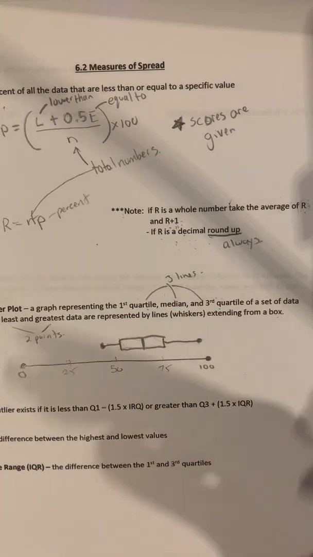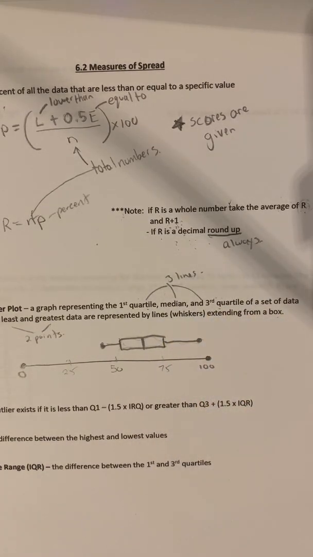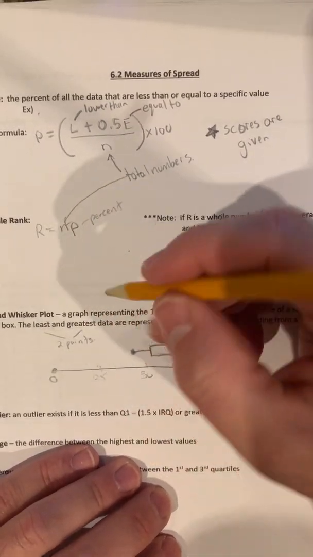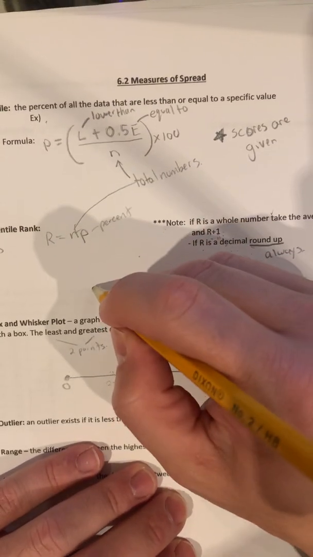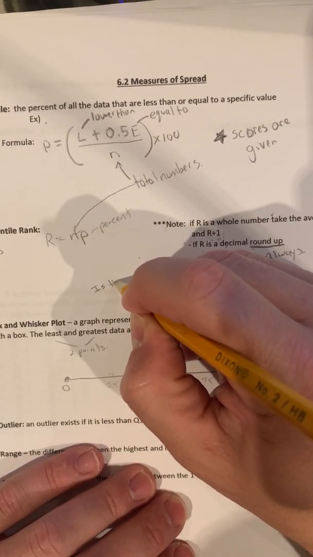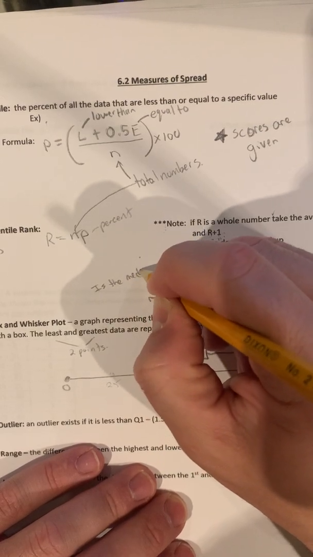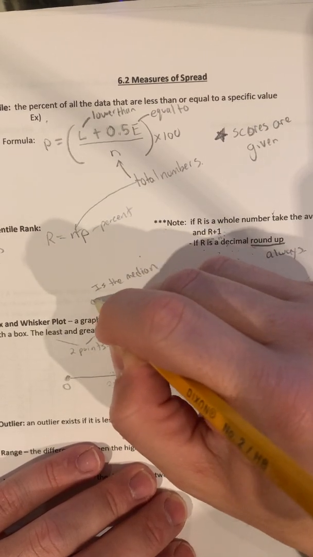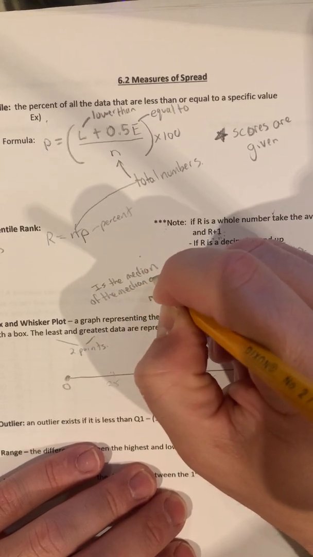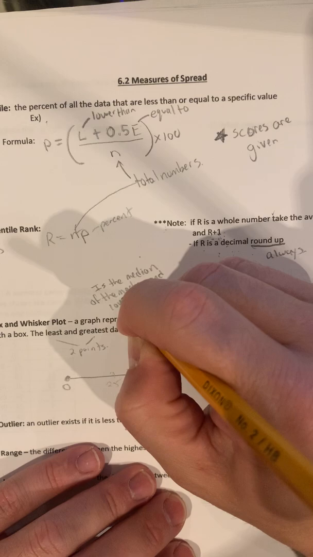Okay, so what are the first quartile and third quartile? The first quartile is, it's going to sound weird, the median of the median and lowest value.